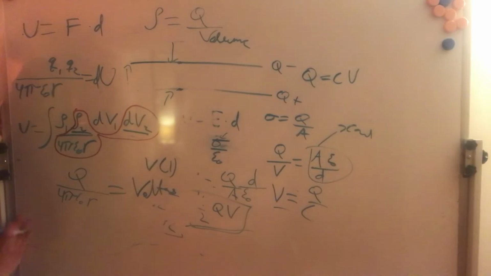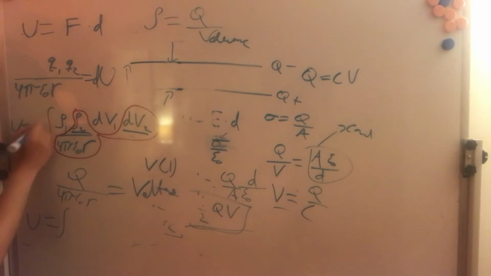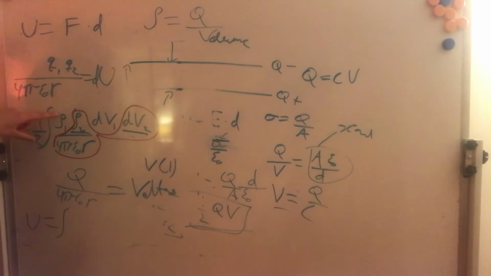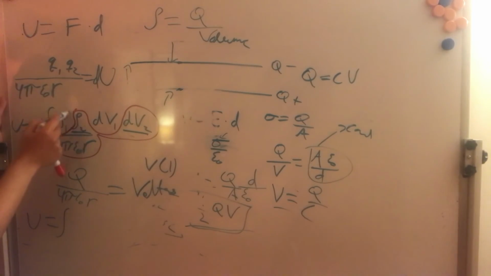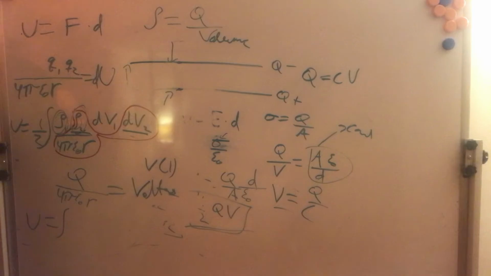So we have that the electrical potential energy is equal to the integral. Actually here I forgot to put 1/2. Here is 1/2 because we are integrating the volume charge density of 1 and the volume charge density of 2, but we have superposition of them, so we are counting them double, so we need to take half of that.